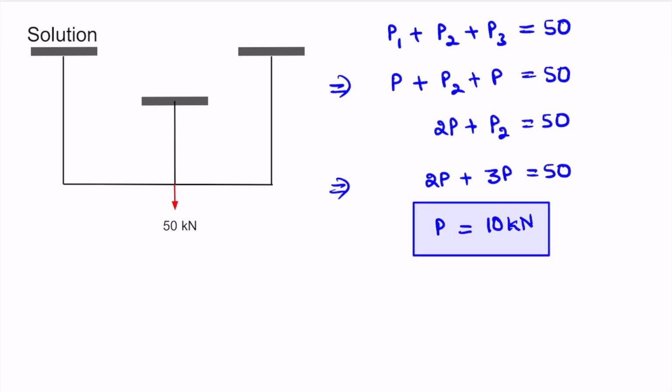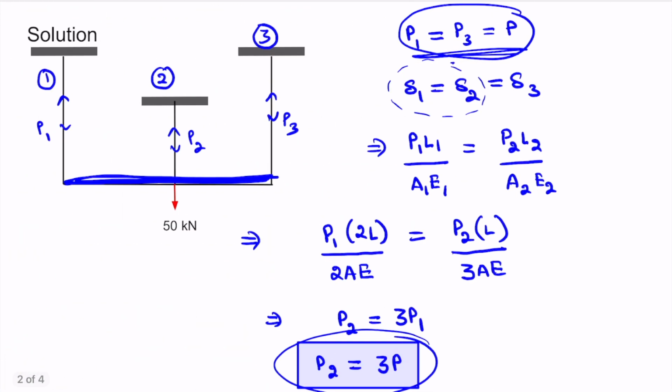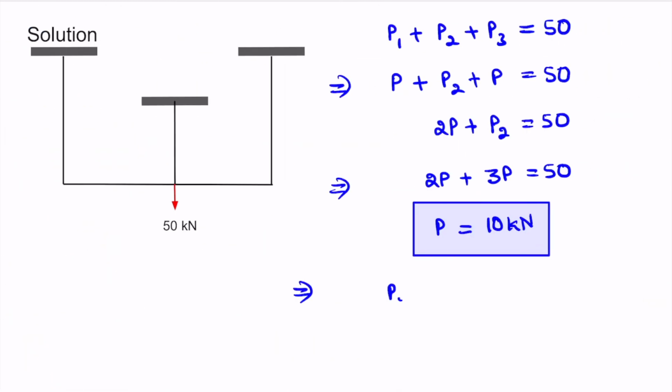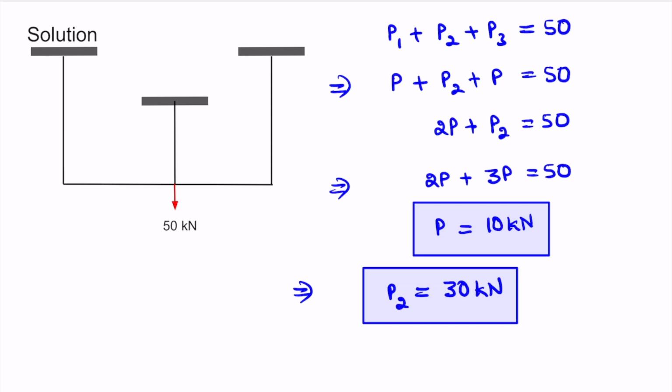Now if P is 10 kN, then from this relation again P2 equal to thrice of P. So P2 will be equal to thrice of this P, that is 30 kN. Therefore we get the values of P1, P2 and P3.